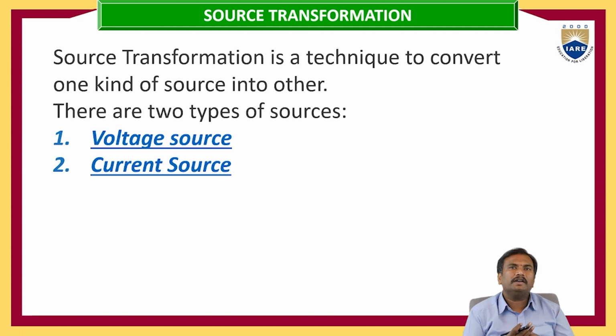We can convert a voltage source into a current source, and a current source into a voltage source, by adding some elements to the source to get the source transformation.